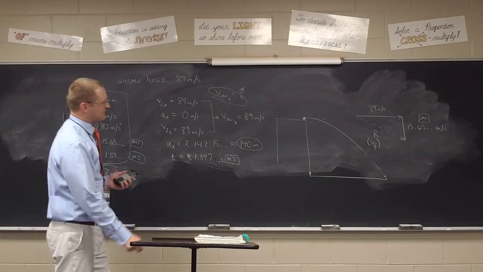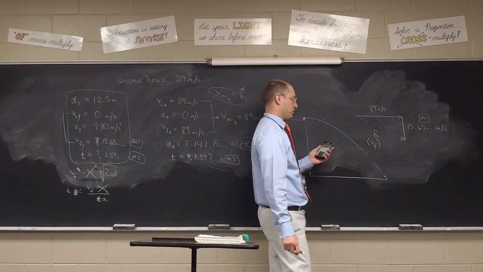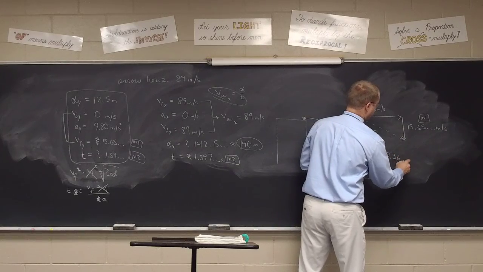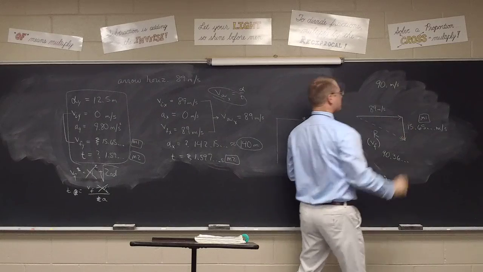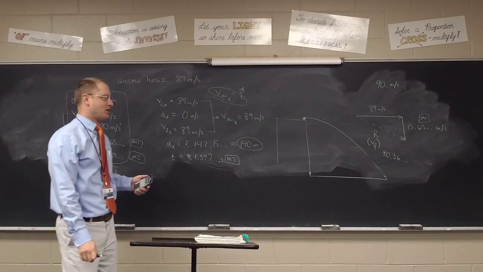Now, not going much faster, is it? What's the magnitude of the resultant, class? 90.36, blah, blah, blah. So did gravity speed it up much? Nah, not much at all.